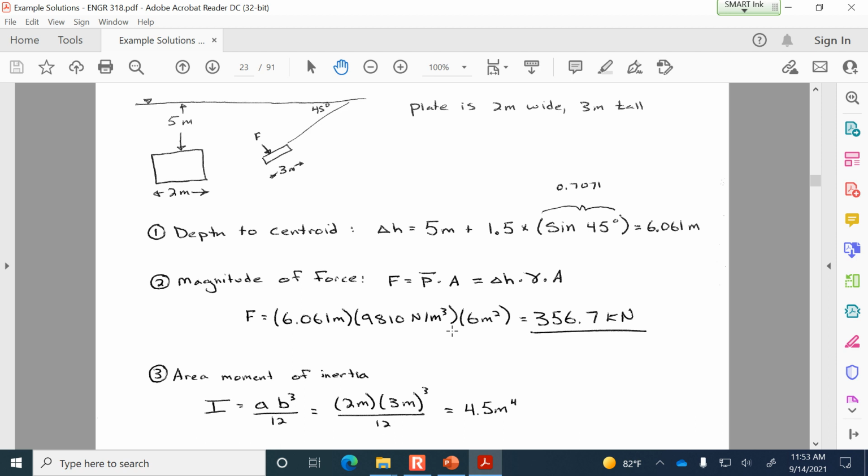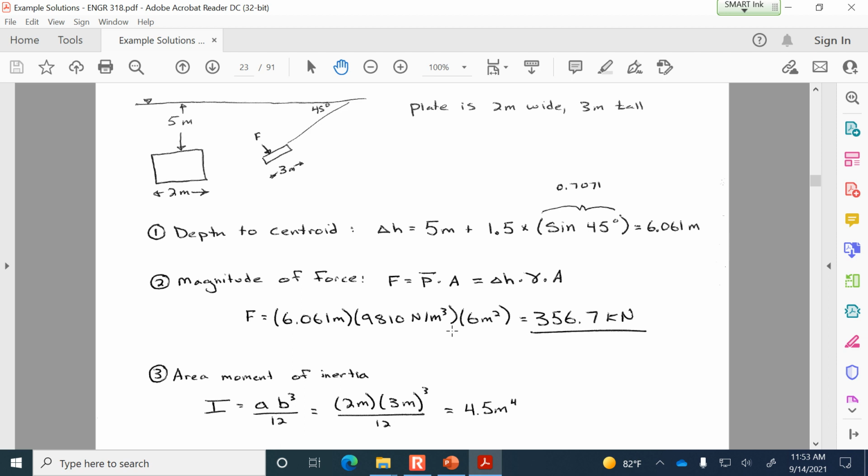It doesn't tell us any particular temperature of water, so we'll use the default unit weight assumption of 9810 newtons per meter cubed. The area of the gate is 2 by 3, so this plate under the water has a 6 meter squared cross-sectional area. Multiplying those together, the magnitude of the force is 356.7 kilonewtons.